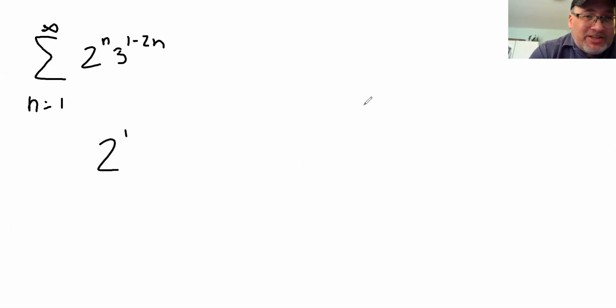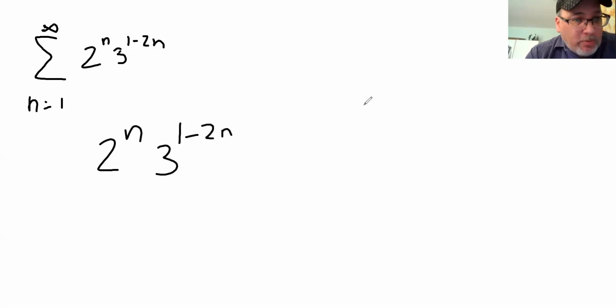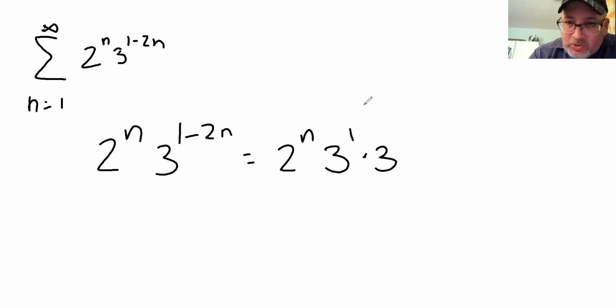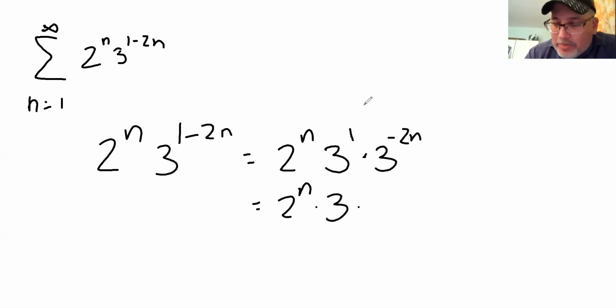But let's see if we can take this and massage it so that we can write it as a number times another number to the nth power. We'll do the same thing we did before. We'll break apart the 3 by writing 3 to the first times 3 to the negative 2n. Then we can rewrite the 3 to the first as 3, and we can rewrite 3 to the negative 2n as 3 to the negative 2 to the nth power.